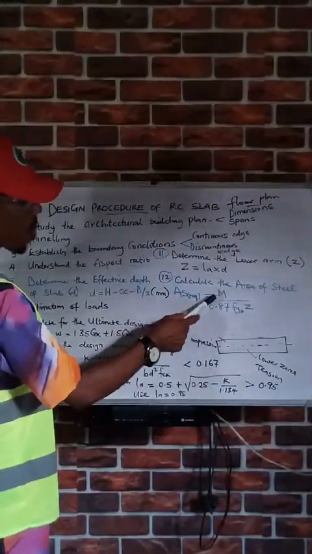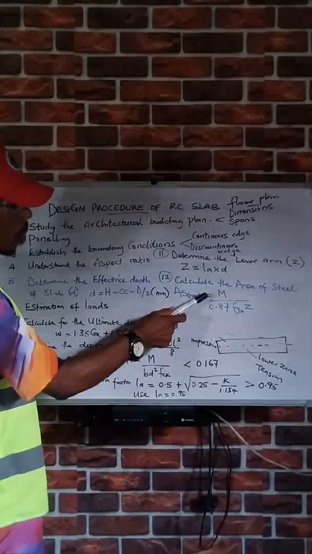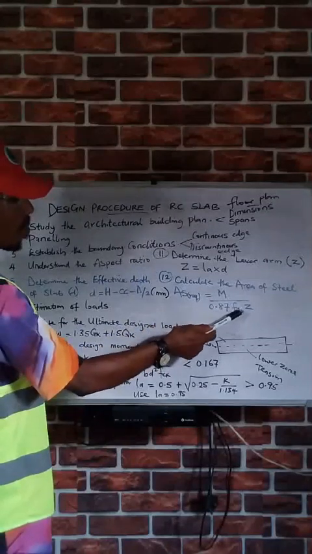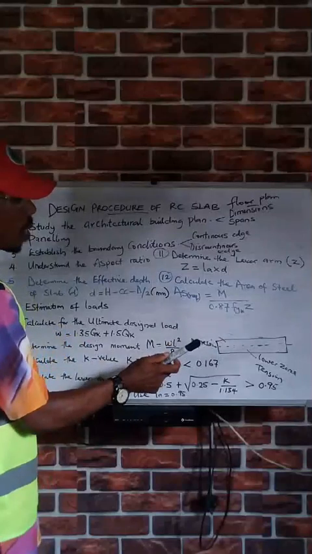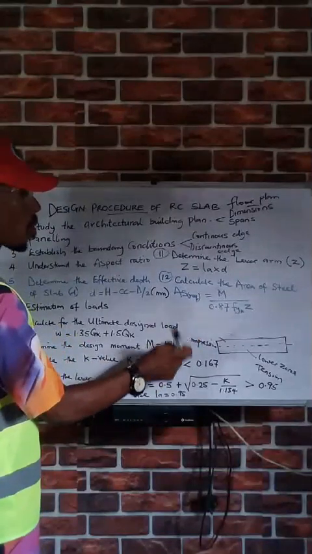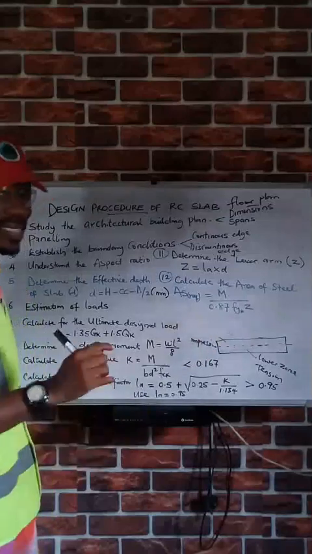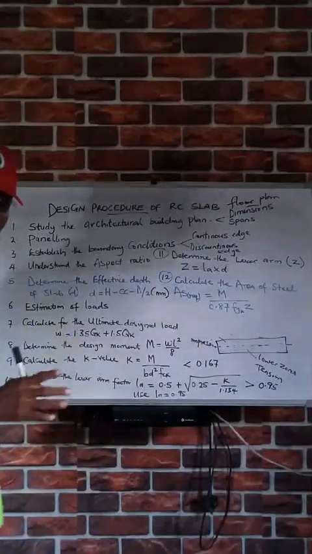It means we have our moment divided by 0.87 FYK Z, where 0.87 is a constant, while FYK means the strength of your steel.